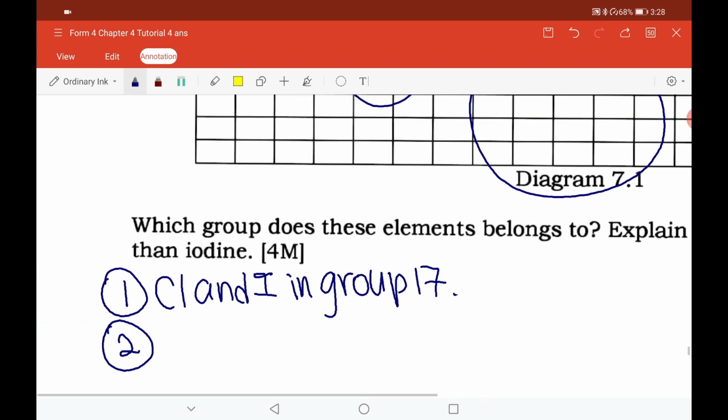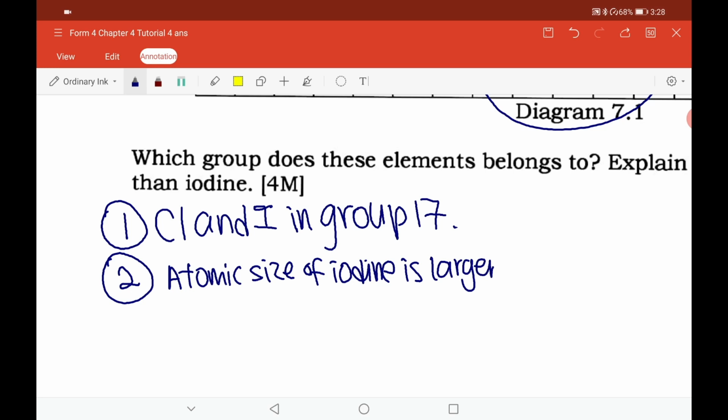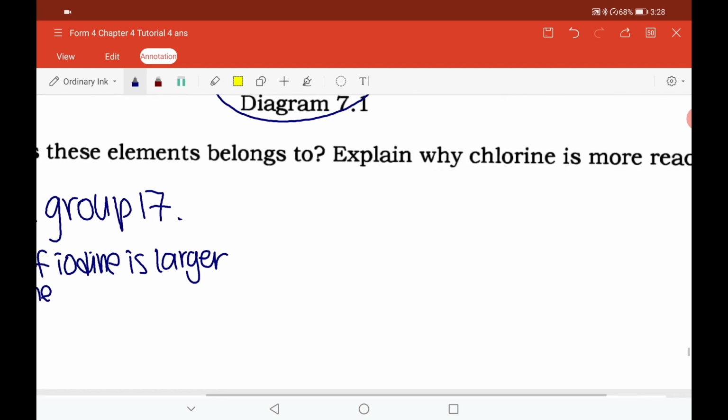So you can write this now: the atomic size of iodine is larger than the chlorine. So when the atomic size is larger, what is happening?